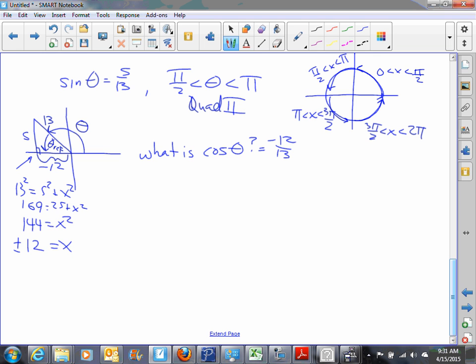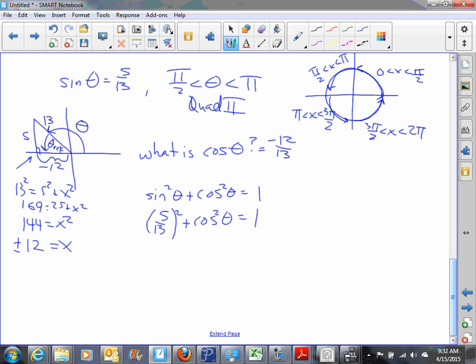Now, there is another way to do this using the trig identities. We do know that sine squared theta plus cosine squared theta is equal to 1. And since they told us that the sine of theta was 5/13, we could write 5/13 squared plus cosine squared theta is equal to 1.